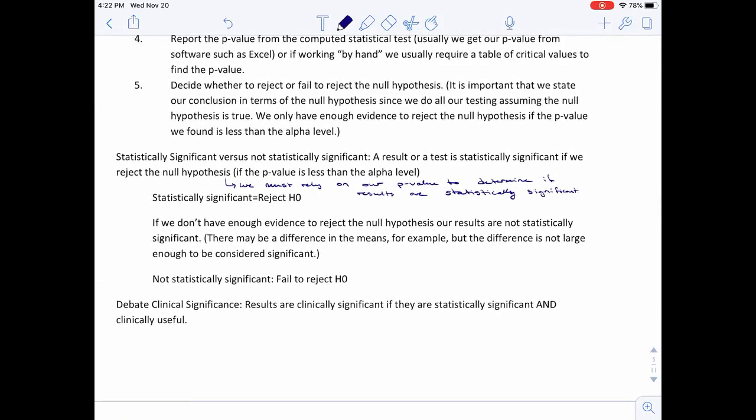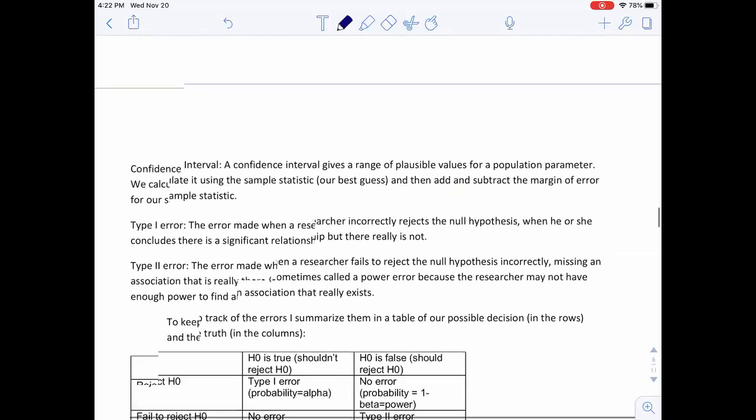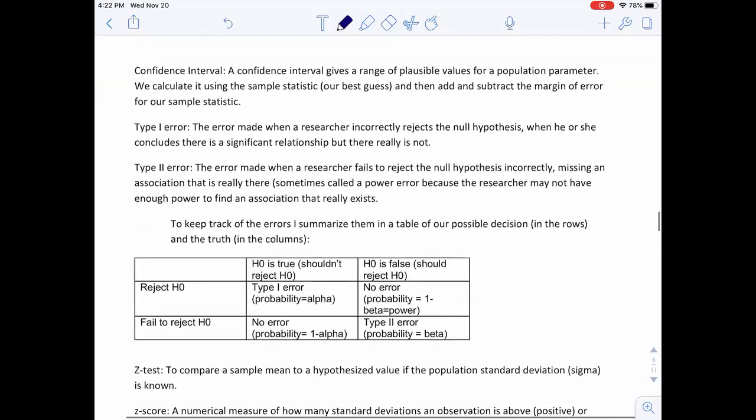Clinical significance, again, we've already talked about it, right? But hey, it must be important. Have to be statistically significant and clinically useful, right? Don't worry, there are no confidence intervals on the final, but I left it on here for completeness.